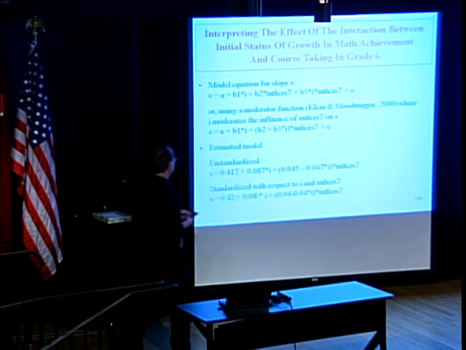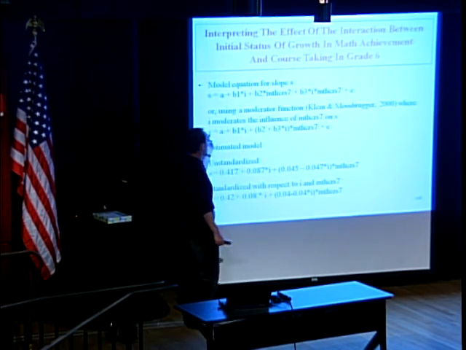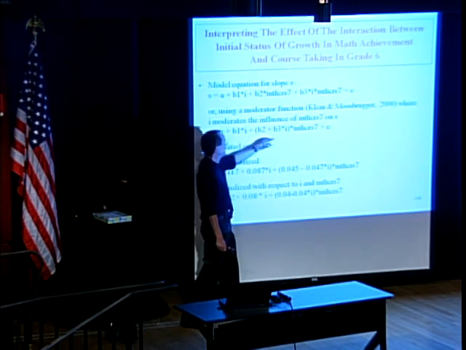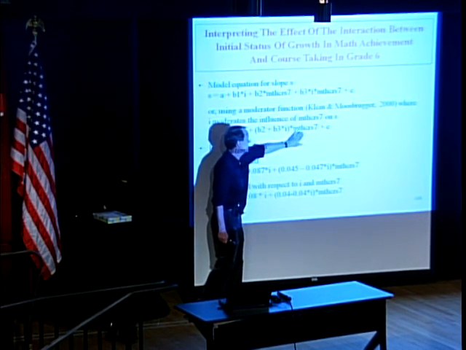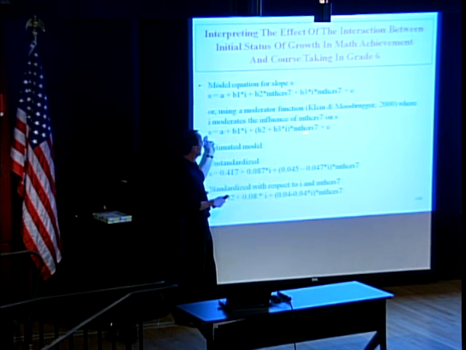So let's stay with that for a second. S is regressed on I and Math Courses 7, but the influence of Math Courses 7 on S is not a single coefficient, a single slope, but it's a slope B2 plus B3 times I. So I moderates the influence of Math Courses 7 on S. This is called a moderator function consisting of a fixed coefficient and a coefficient B3 times I that varies as a function of the individual's I values.